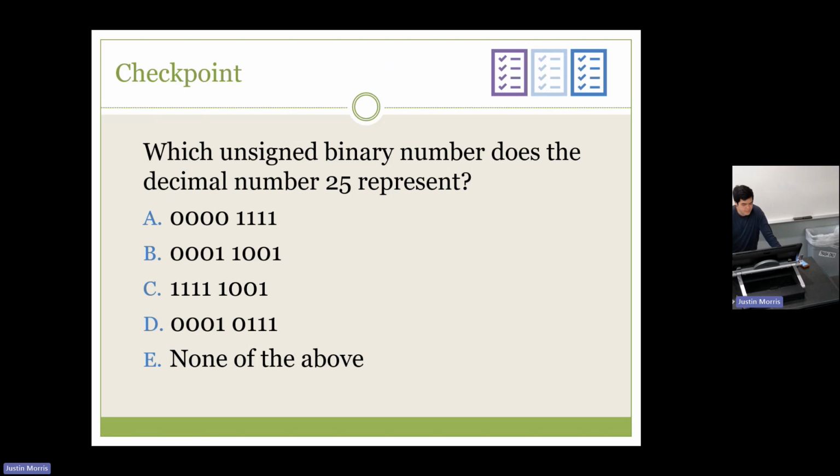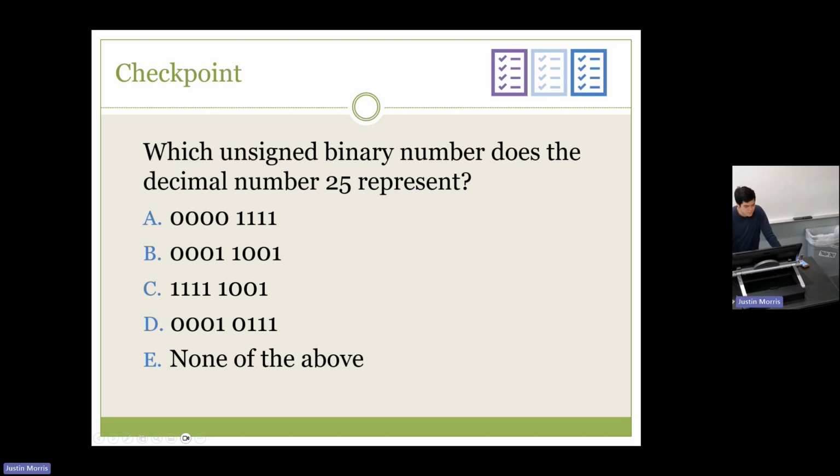So my answer here is which one? B, right? So the explanation is, what is this? 16. And then what is this whole thing? 9, right? Because 8, 1, so 9. 16 plus 9, 25. Okay.